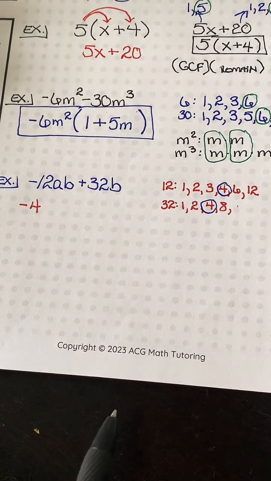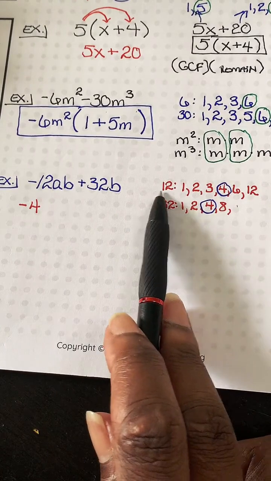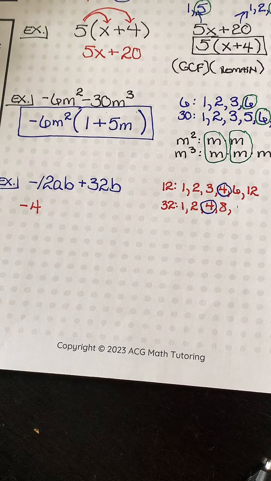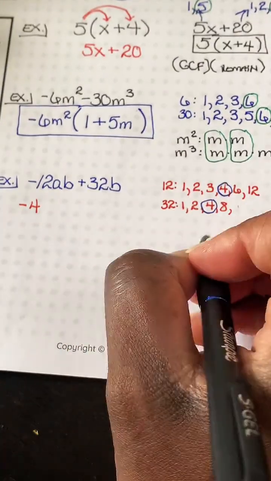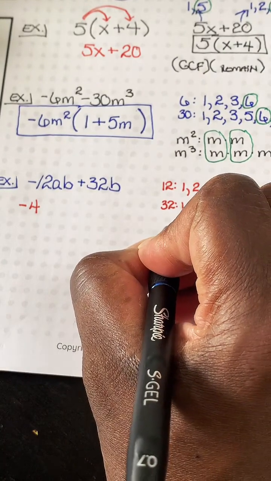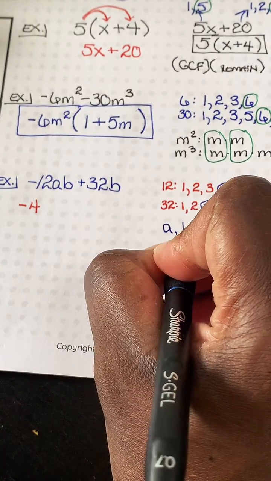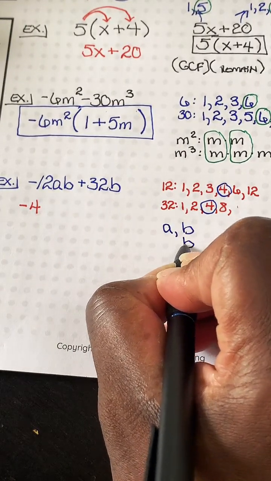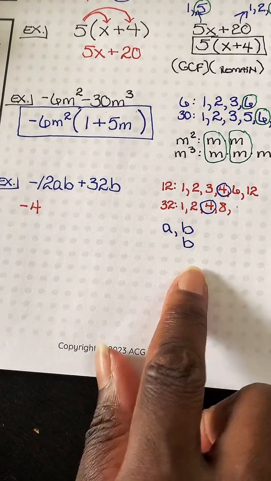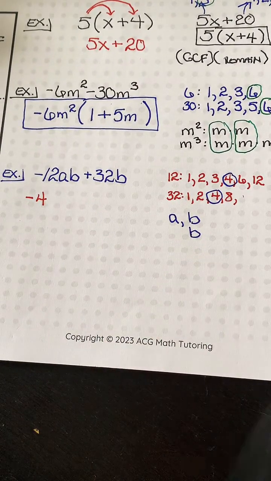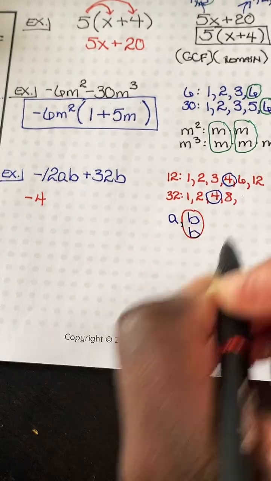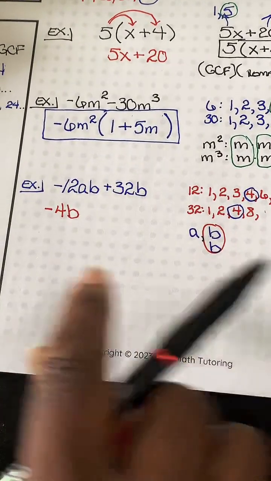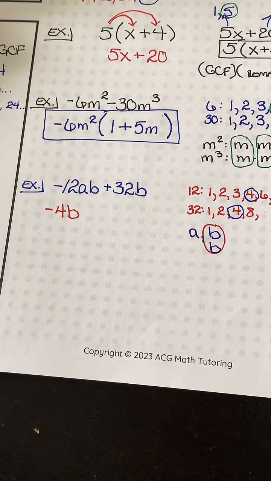Now, taking a look at our variables: with our A, B, we have an A and we have a B. For the other term, we only have a B. So the only thing they have in common is a B. So my GCF is going to be negative 4B.